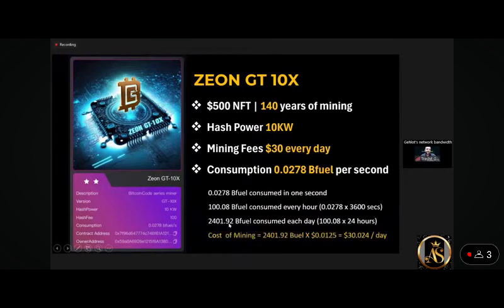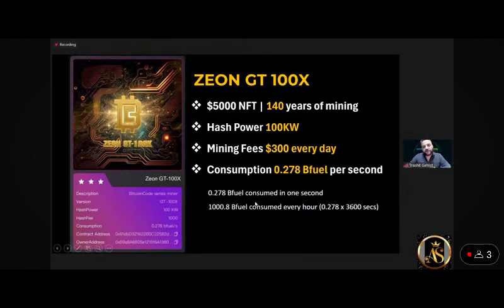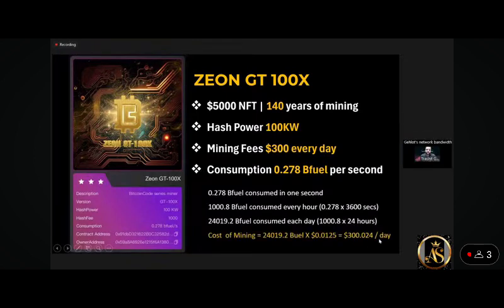And this comes around $30 every day. Xeon GT 100x, a $5,000 worth NFT, 140 years of mining, 100 kilowatts. All right. And this costs us $300 every day. So any $5,000 NFT plugged into the system will give us almost $300 cost of mining every day.